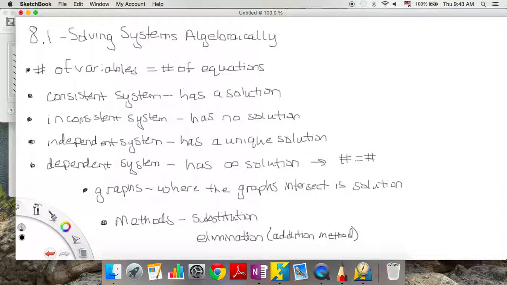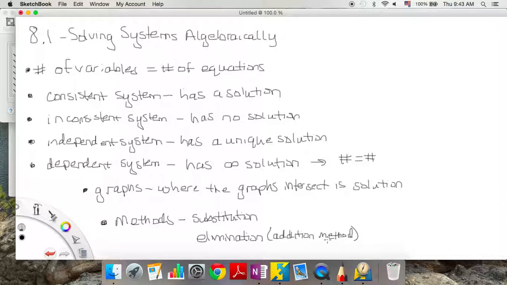There are two methods that we use for solving these so far. We use substitution, where you solve one of your equations for one variable and then plug it into the other equation. Usually we use substitution only when we have two variables and two equations, because it gets a little more complicated with bigger systems.